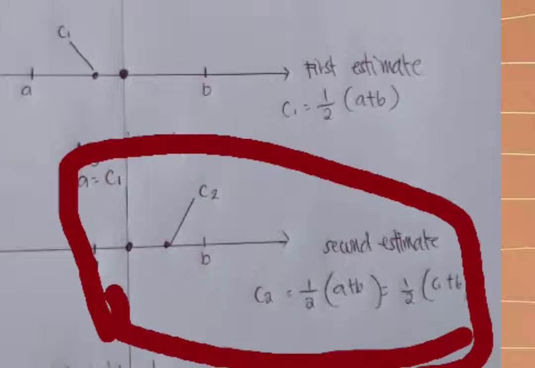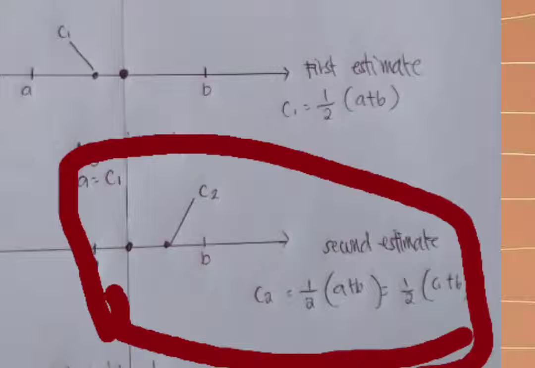As stated in the bracketing method, in finding the estimate of the root, we must have opposite signs in our intervals.